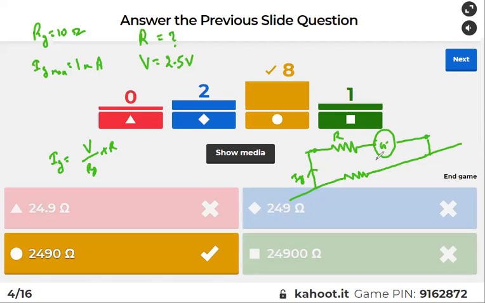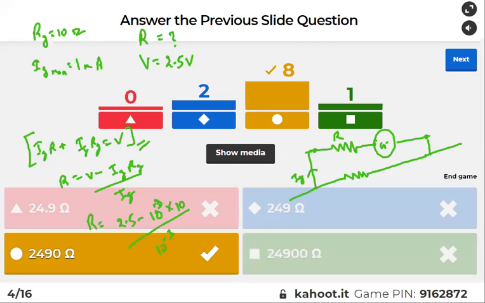So Ig into R, I'll just write it step by step. Ig into R plus Ig Rg is equal to V. है ना? And everyone got this? Yes or no? I guess सबको समझ में आ गया ये? Shreya, Samya, everyone, Riya, Vinuta.